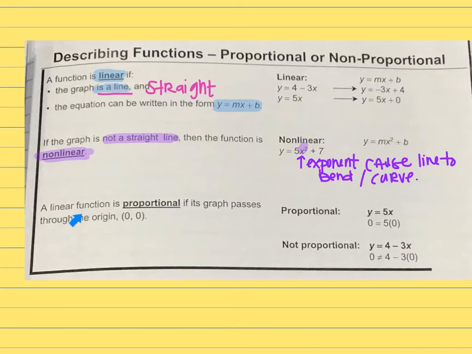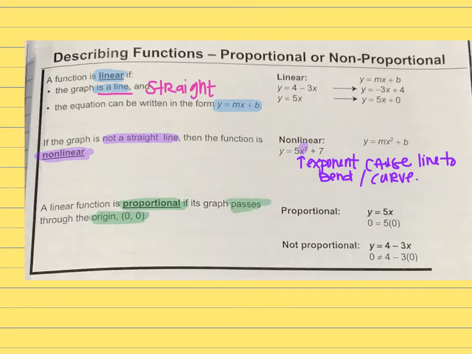Then a linear function, so we've already determined that it's straight. So a linear function is proportional if the graph passes through 0, 0. So this is an extra thing to look for. Proportional if it passes through the origin.